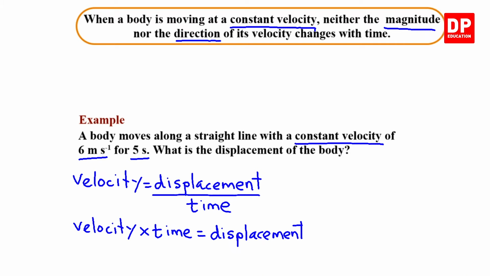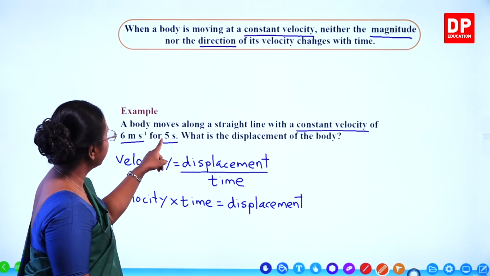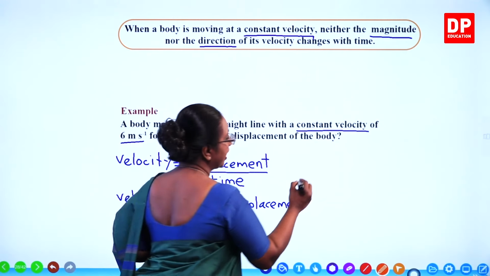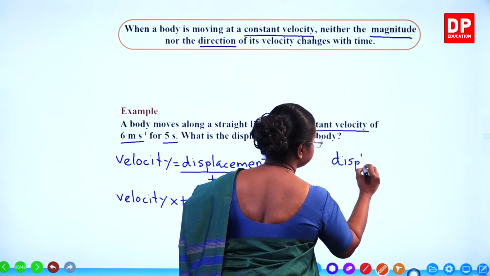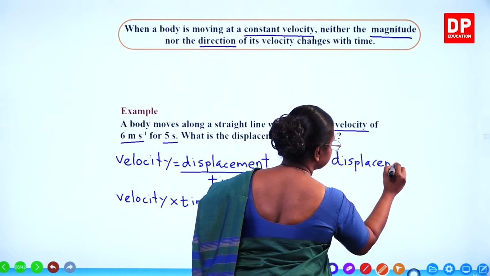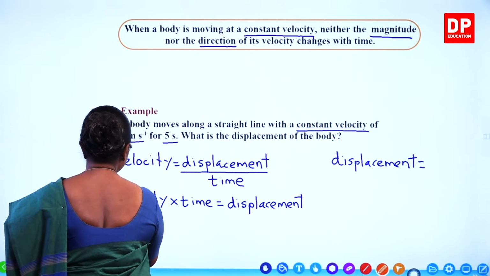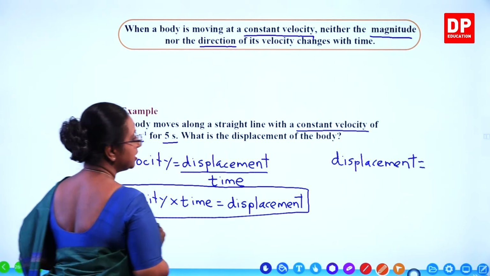So here you can see the velocity is 6 meters per second and the time is 5 seconds. So if I am to calculate the displacement, I use this equation. Displacement equals velocity into time.